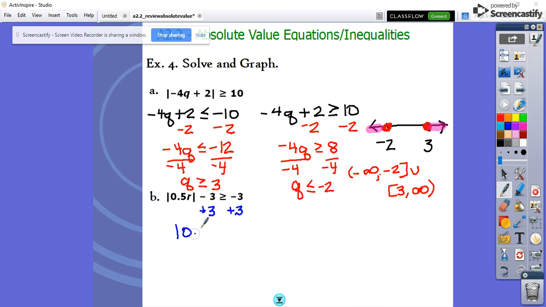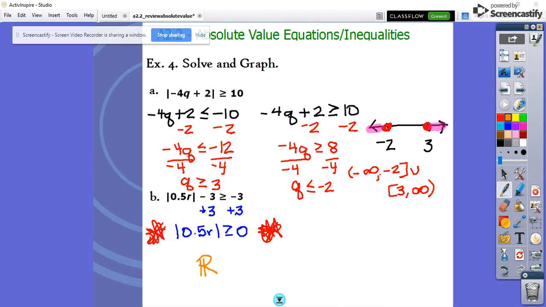Absolute value 0.5r is greater than or equal to 0. Okay, you should have a red flag in your brain, bells going off, whistles going off, okay? Where is an absolute value greater than or equal to 3? Everywhere. That's the definition.